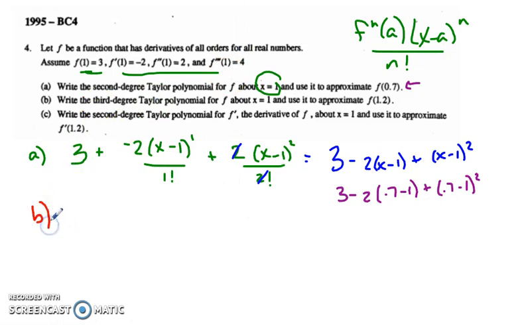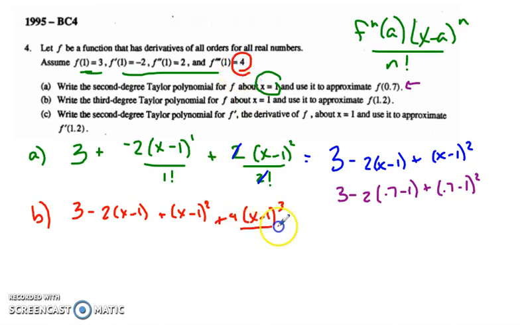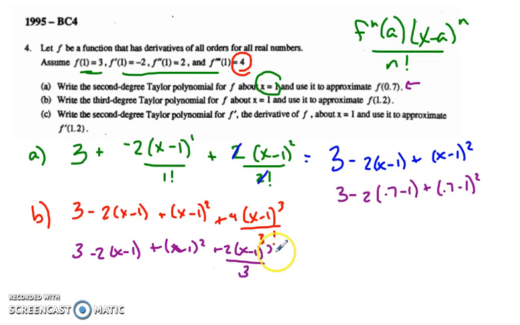So part B says, now let's do the third degree Taylor polynomial. Well, the good news is that the third degree just builds on to the second degree, so I can rewrite my first 3 terms and add on my third degree term, which has a derivative of 4, x minus 1 cubed over 3 factorial. And I can clean up that last term, so x minus 1 squared, and then 4 over 6 will be 2 times x minus 1 cubed over 3.